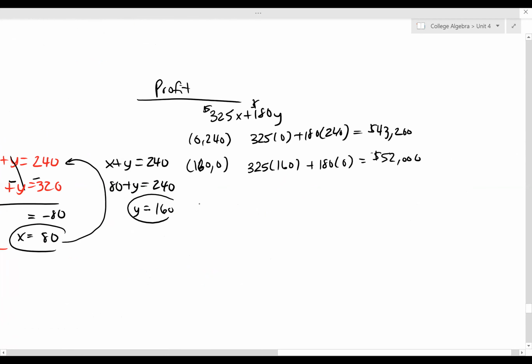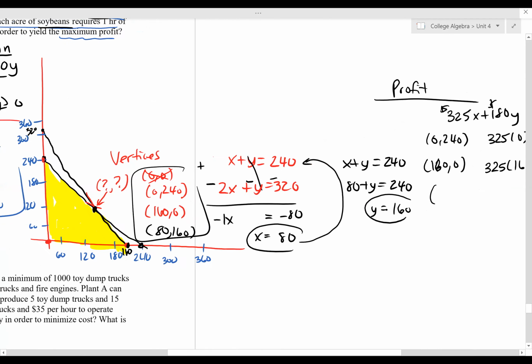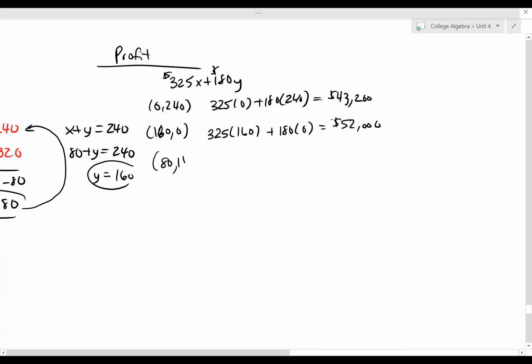And then our final vertex that we found from the intersection, which is usually our solution, is 80, 160. So plugging that into the profit function, we have 325 times 80 plus 180 times 160, and that's going to yield a profit of 54,800.